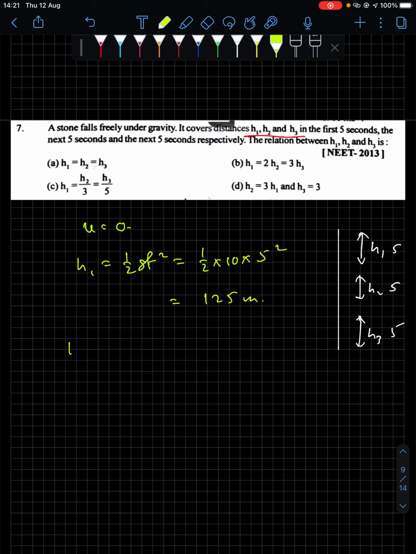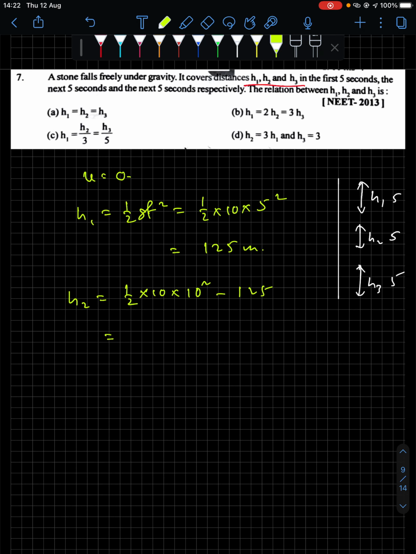125 meter. Now h2 will be the distance traveled in 10 seconds minus h1. Okay, so the distance traveled in 10 seconds will be, because we are using u equal to 0 everywhere, so we are considering the motion from the origin only, half into 10 into 10 square, now the time is 10, minus 125.